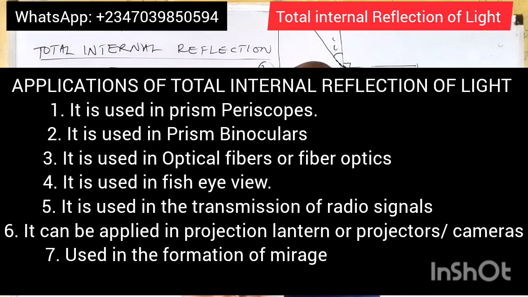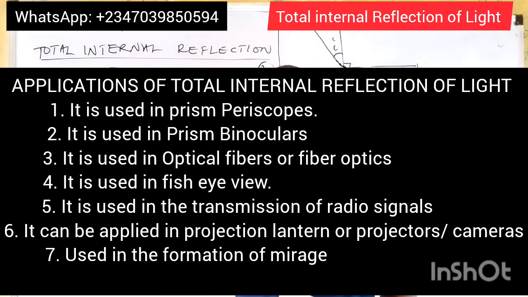So the principle of formation of prism binoculars is based on total internal reflection of light. Total internal reflection of light can also be applied in optic fibers or fiber optics. It can also be applied in fish eye view.